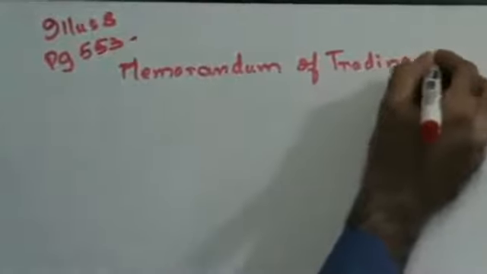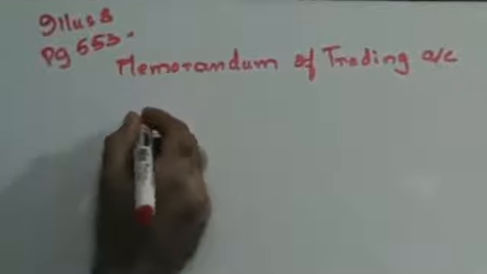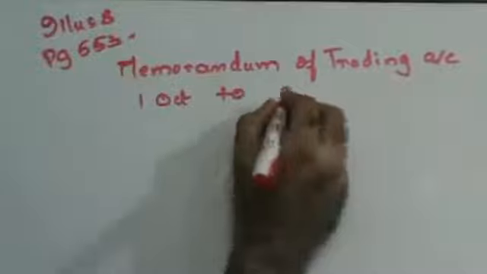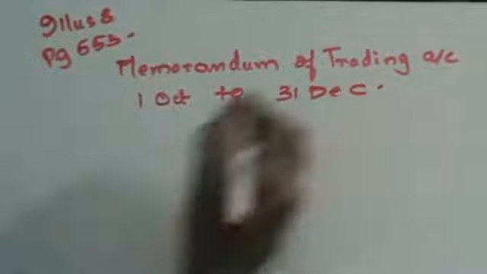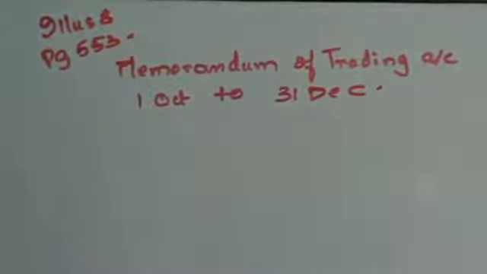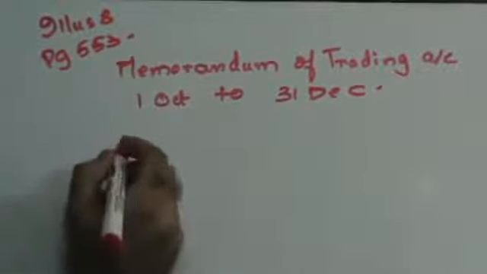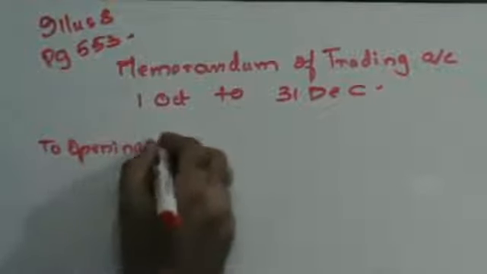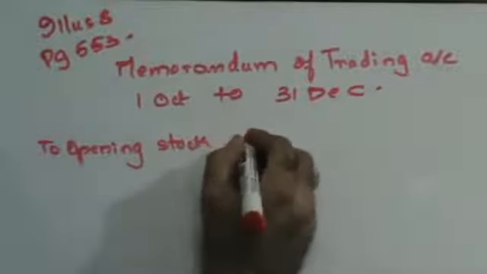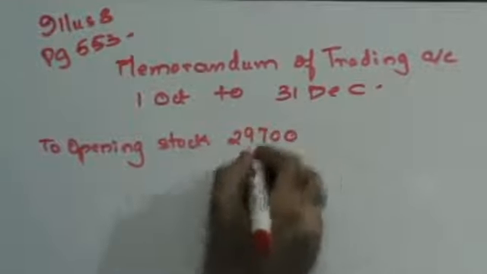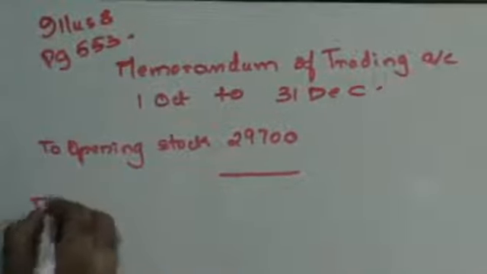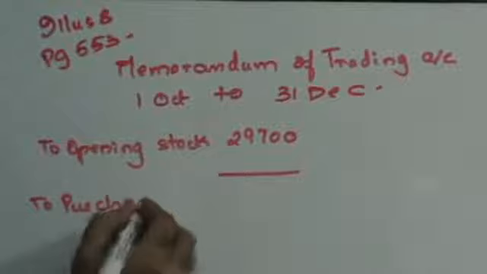Trading account. He makes accounts on 30th September, so this is going to be from 1st October to 31st December. Let's start. To opening stock is given to you as 29,700. Next, to purchases.